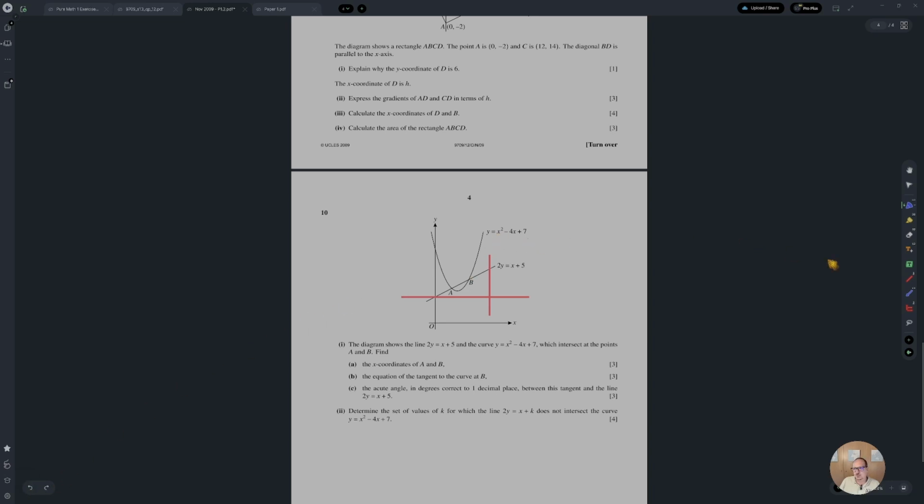To get the angle between these two, let me just draw here another one for you to understand what I'm saying. So let's say that this line over here is the tangent at that point. Let me just shift it over here. Doesn't want to go there, but I'll force it. All right.